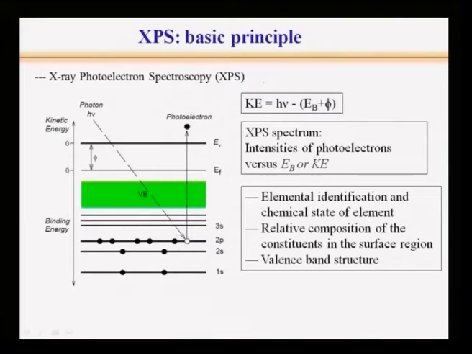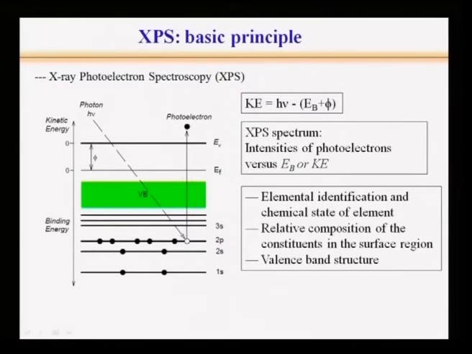As I have discussed, this is what is going to happen. Kinetic energy of the electron is h nu minus Eb plus phi, where phi is the work function. Here is the binding energy of the 1s, 2s, 2p, 3s electrons. Suppose a photon comes in terms of X-ray, ultraviolet or light, and it ejects an electron from the 2p shell, which becomes a photoelectron.